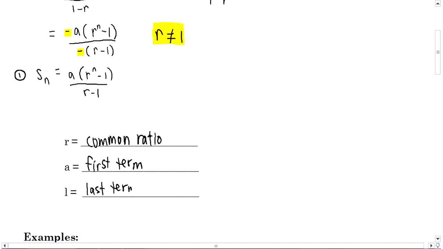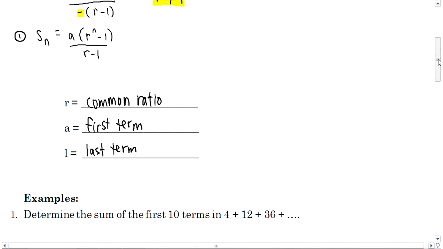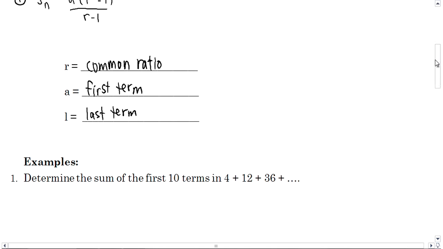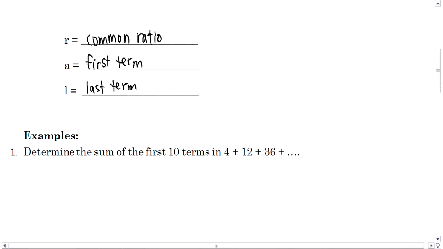And let me just qualify that, because last time I did a video, I said your Tn is usually your last term, and I'm going to be more specific here. If I asked you to find S7, the sum of the first 7 terms of anything, either an arithmetic or geometric series, then your last term must be equal to T7.